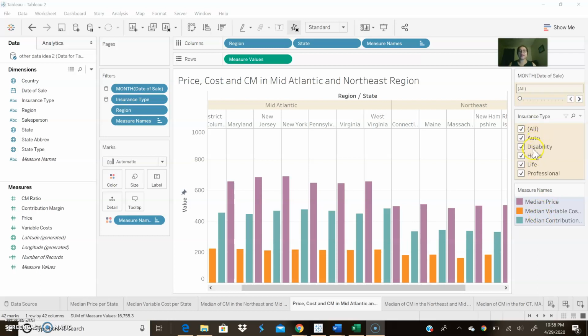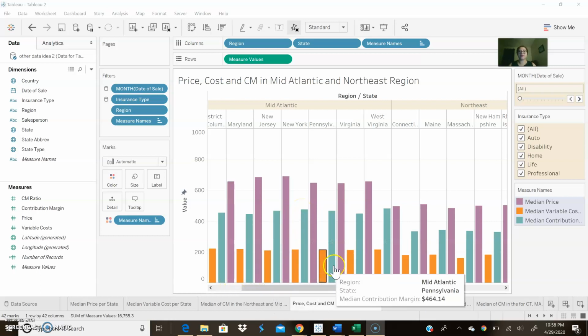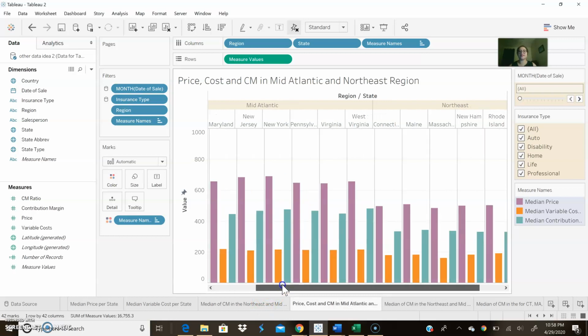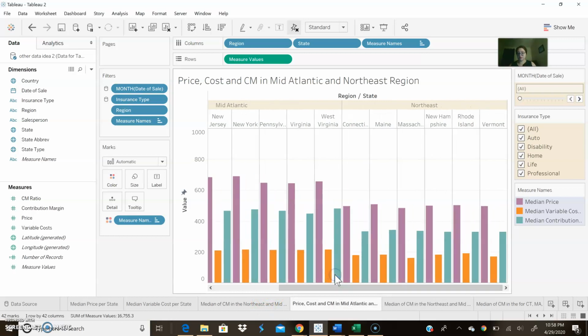I have a filter for my insurance and my favorite feature, the date slider. Overall, I can see why the Mid-Atlantic would yield such a high contribution margin, because the prices of the insurance were higher than the variable costs to sell them. The variable costs in both regions are more or less the same throughout.